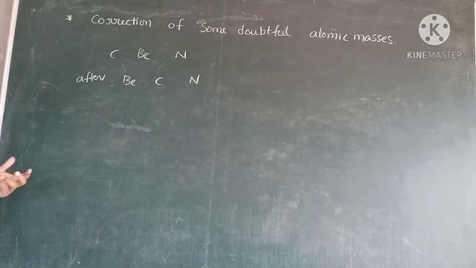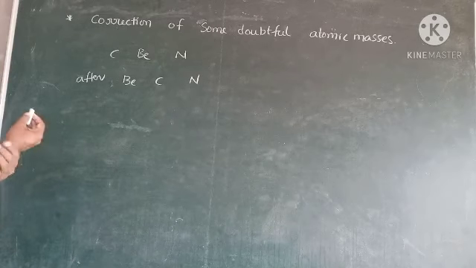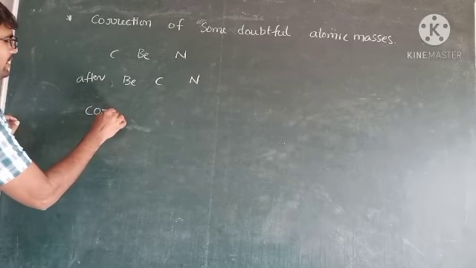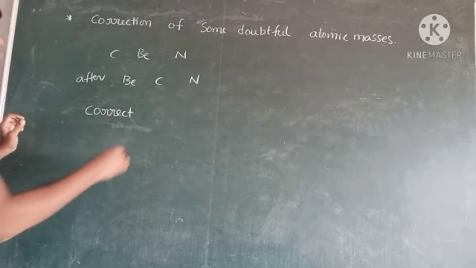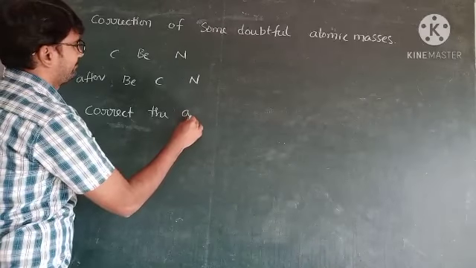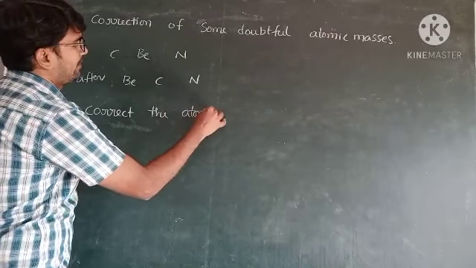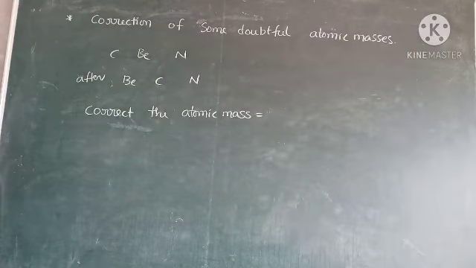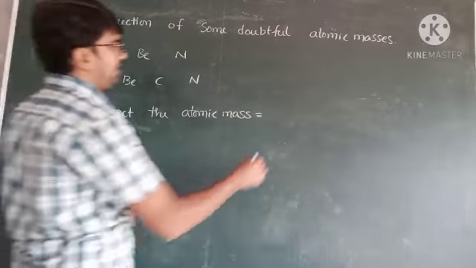And how to calculate the atomic masses? Correction of atomic masses. The correction means correcting the atomic masses based on one formula. Correct atomic mass is equal to equivalent mass into valency.